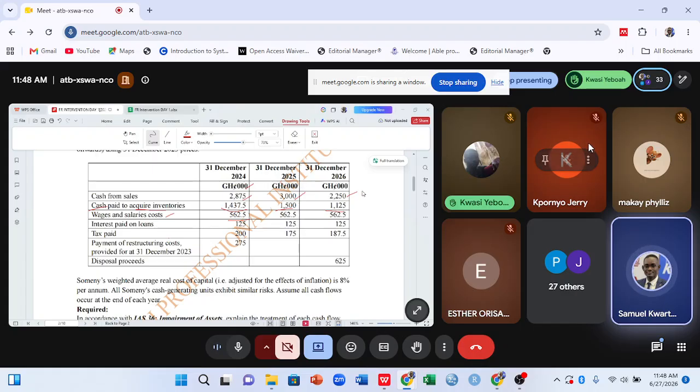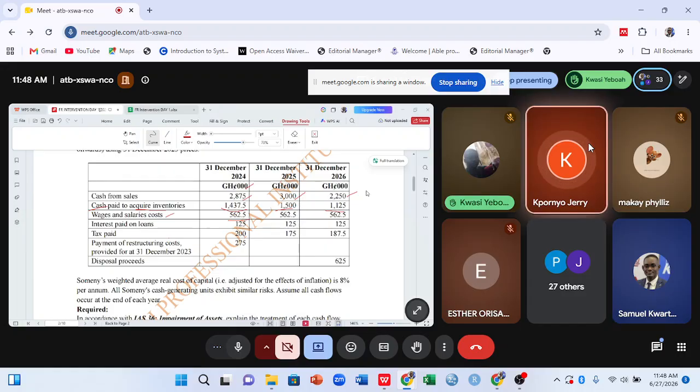Jeremy, now let's come to your question. My question is, when you are determining the value in use, I want to find out whether we are looking at the operation of the firm, and whether either inflow or outflow can be included in calculating the value in use.